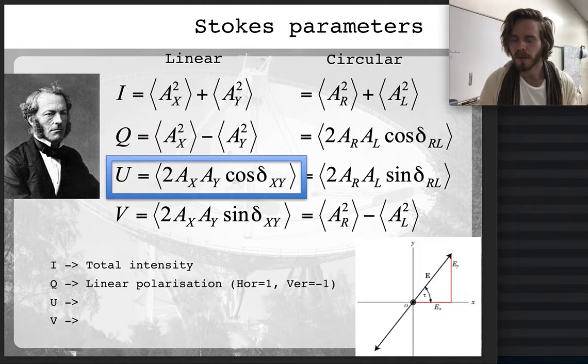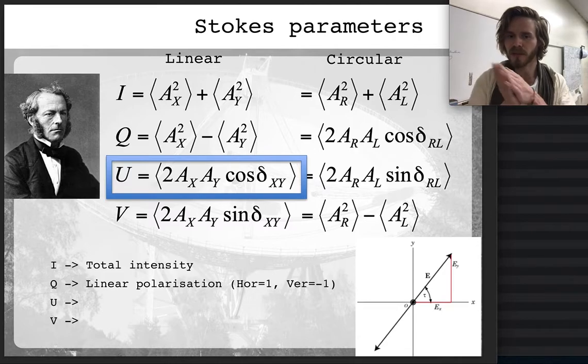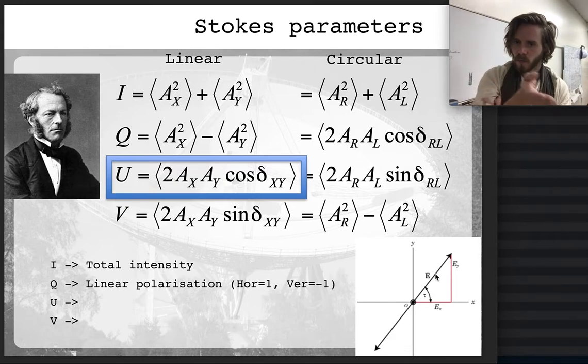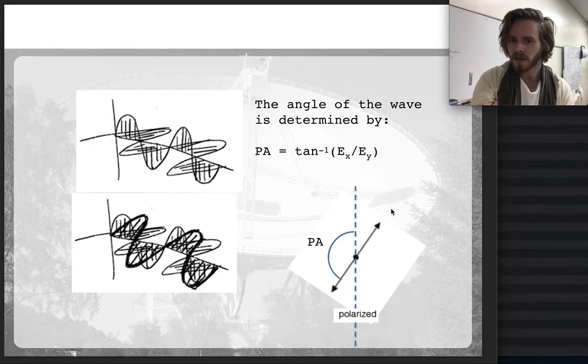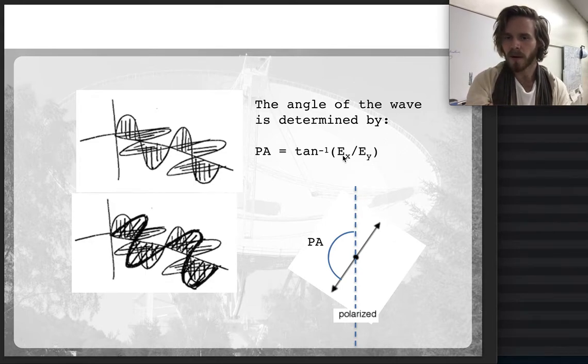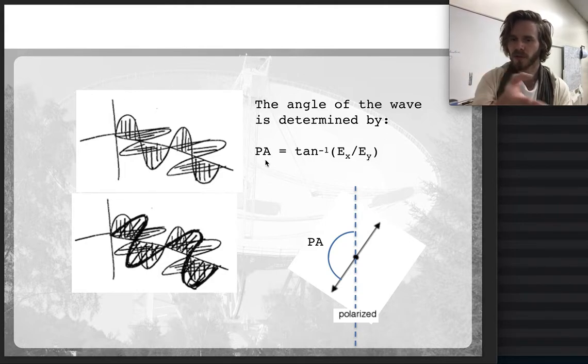So the Stokes U parameter tells you the position angle, or the polarization angle. If you think again of this wave that's coming towards you with its x and y components, we can work out the position angle, and I think we already had this on a slide earlier, just by comparing the amount of wave that's in the x and y directions and taking the arctan of that, and that gives you the position angle.